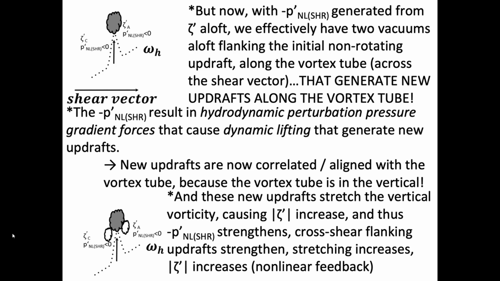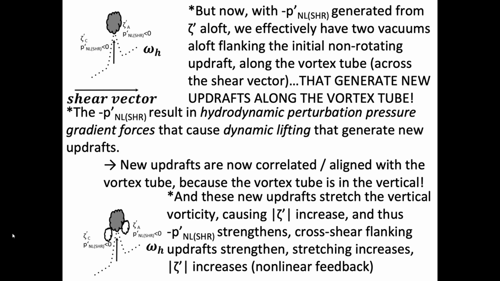The updrafts are going to be maximizing in the mid to upper levels of the atmosphere comparative to the impermeable boundary condition at the ground, which is going to result in stretching action for each of those updrafts along the vortex tubes, which is going to result in vorticity stretching and amplification of the vertical vorticity branches to the right and to the left of that incipient updraft.